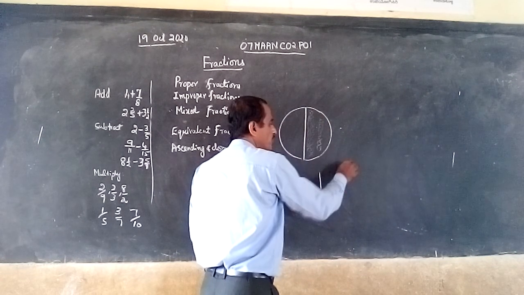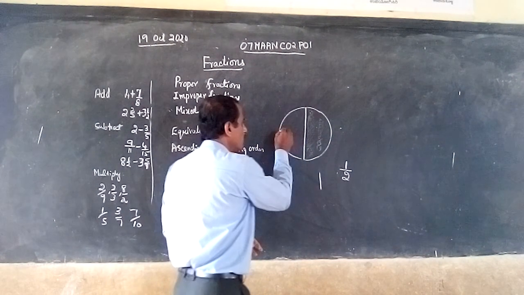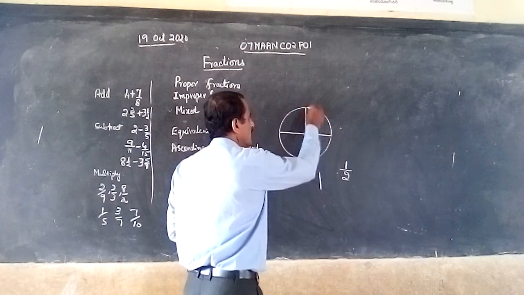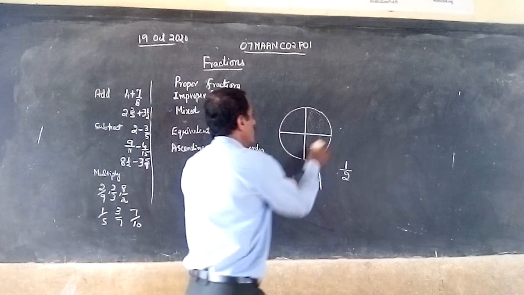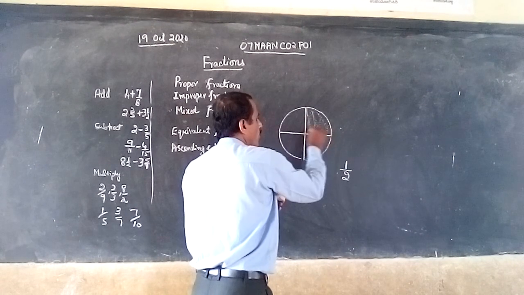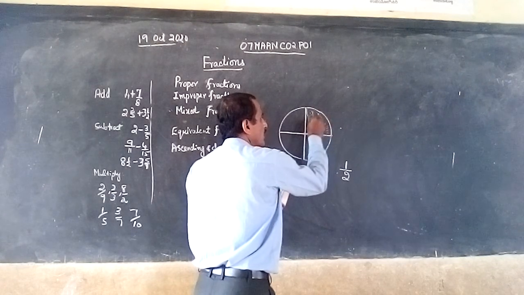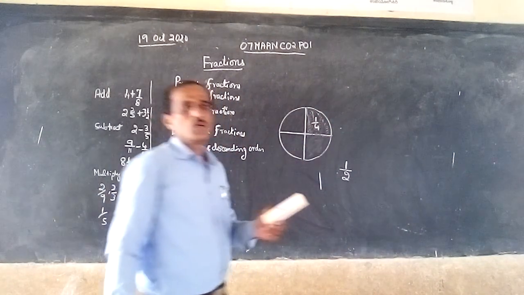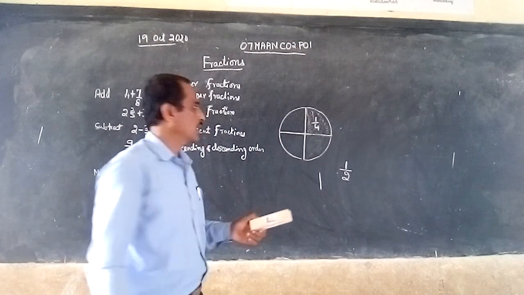See, this is half, you can write it as half, 1 by 2. Or if you draw one more line like this, suppose you want to take this part, this part is one out of 4 parts, 1, 2, 3, 4. So this is a part or fraction, 1 by 4, isn't it?